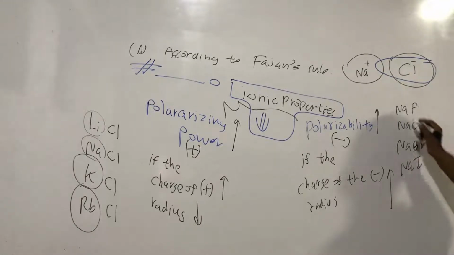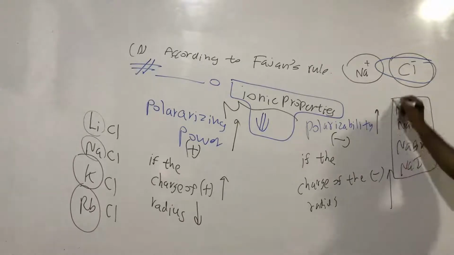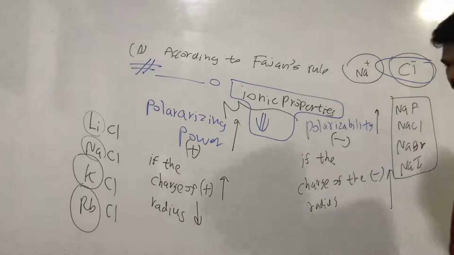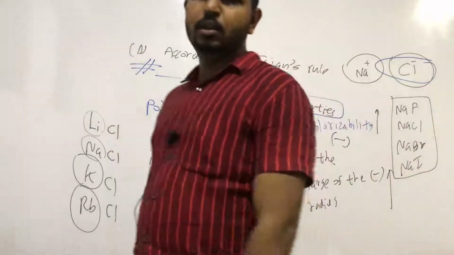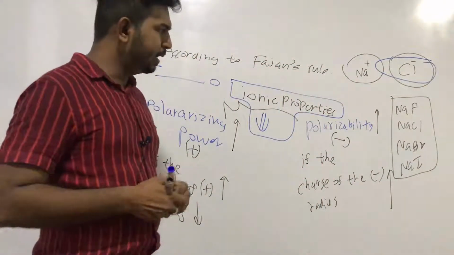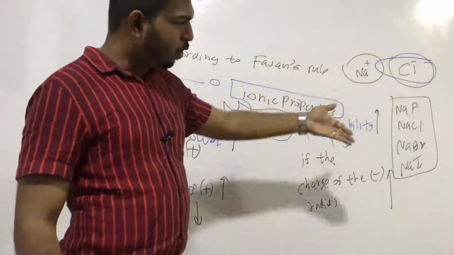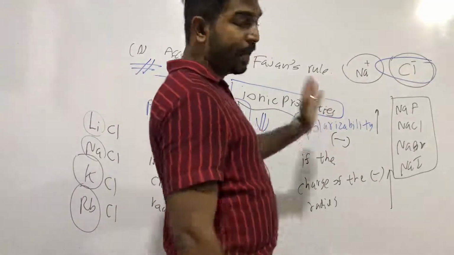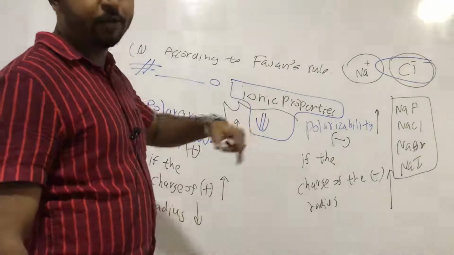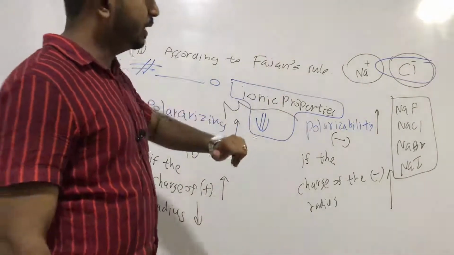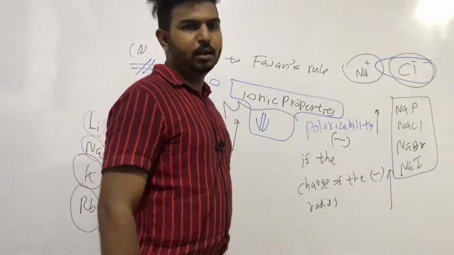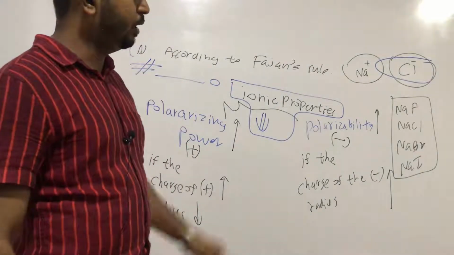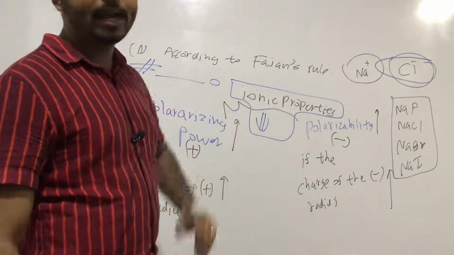If you consider these type of salts, now we can see there are common cations. So sodium is common for everyone. Now we have to consider only the negative ion: fluorine, chlorine, bromine and iodine.